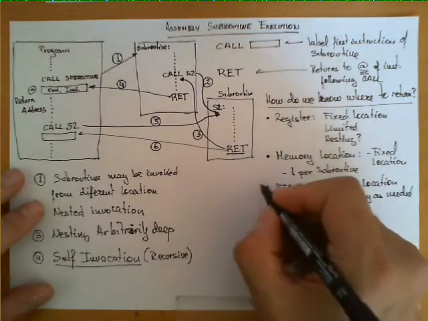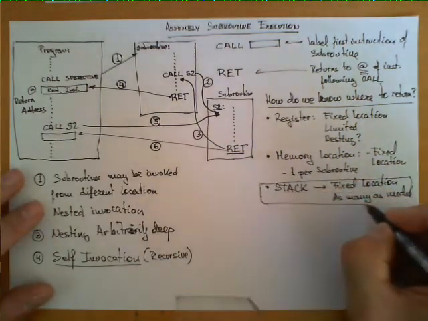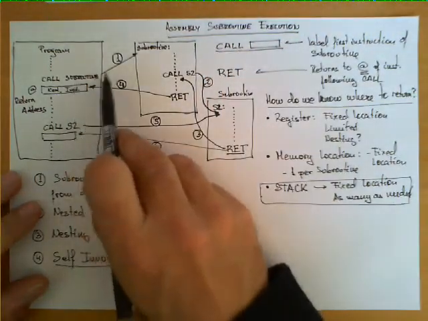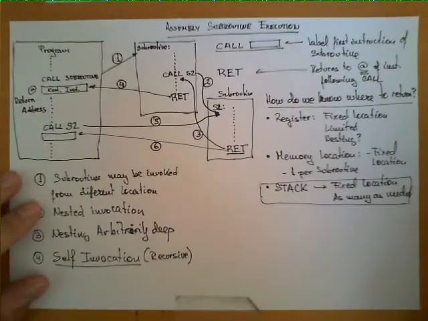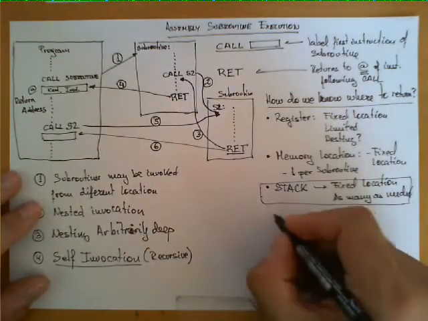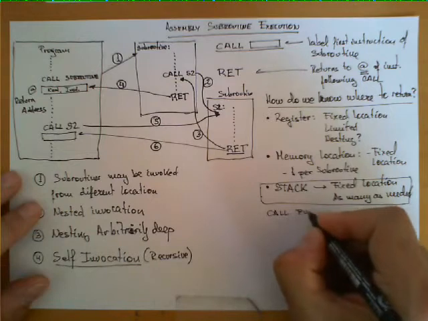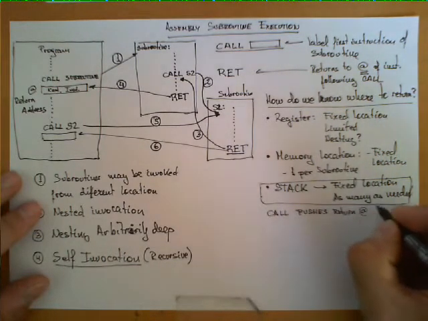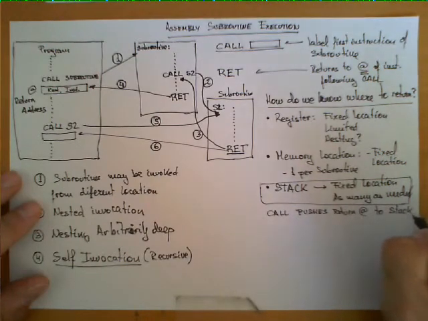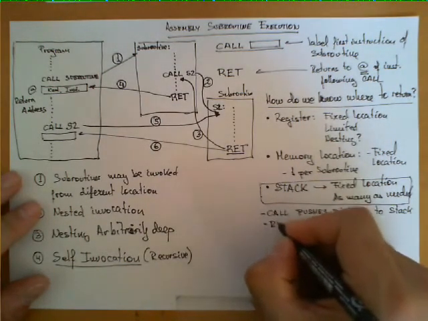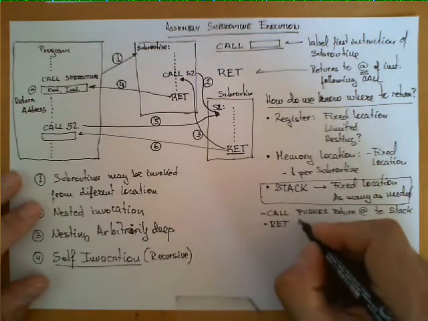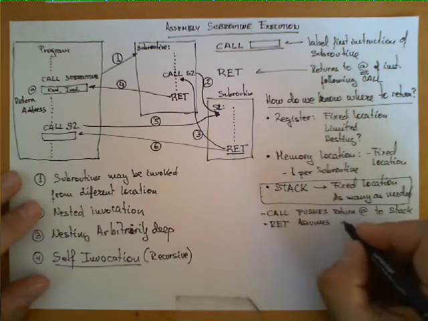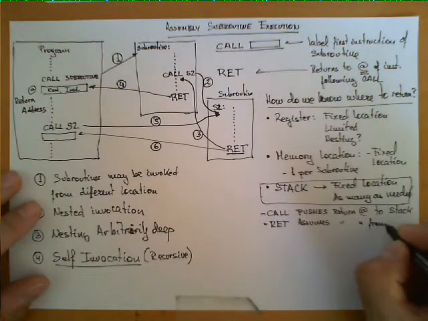And this is the mechanism that is used, as I said, by most microprocessors, and what it means is that the instruction call not only breaks the sequence and goes to the first instruction in the subroutine, but at the same time call pushes the return address to a stack. And most importantly, the instruction ret assumes and in fact accesses the return address from the stack.